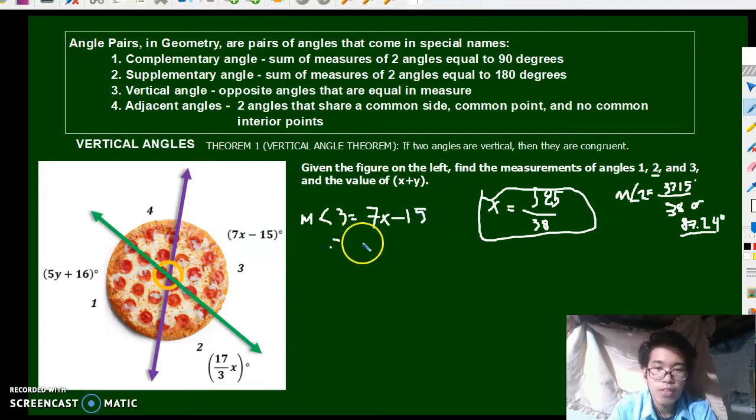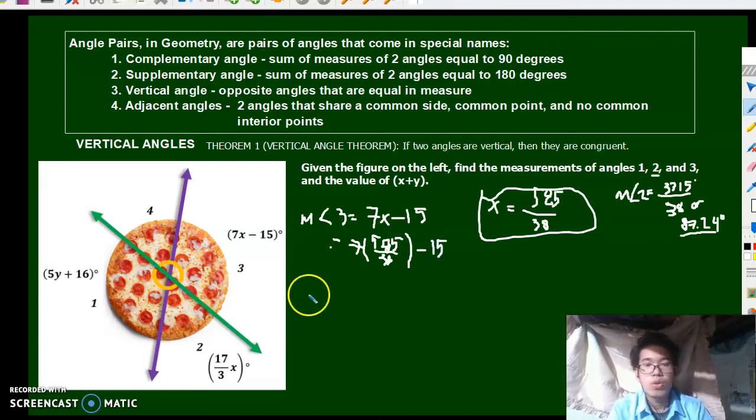That's 585 over 38, so we can substitute that value. Using your calculator, that's 7 times 585 over 38, then minus 15.